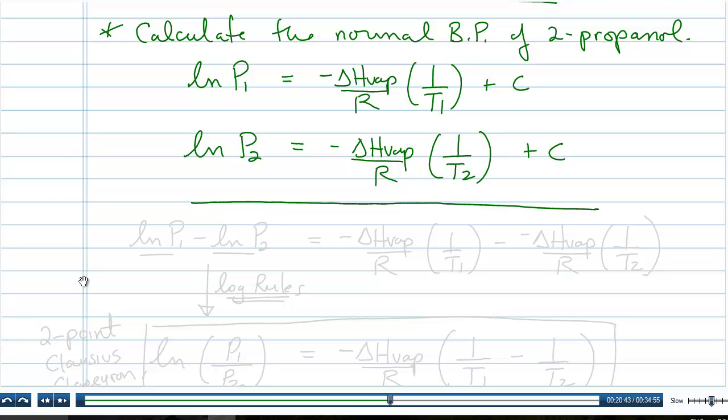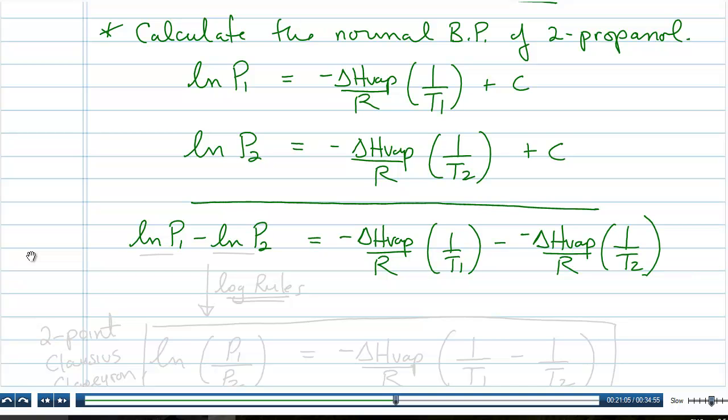Now we're going to play a little trick. We're going to subtract those two equations. The natural log of P1 minus the natural log of P2 is equal to negative delta H vap over R times 1 over T1. And I'm going to write minus negative delta H vap over R times 1 over T2.